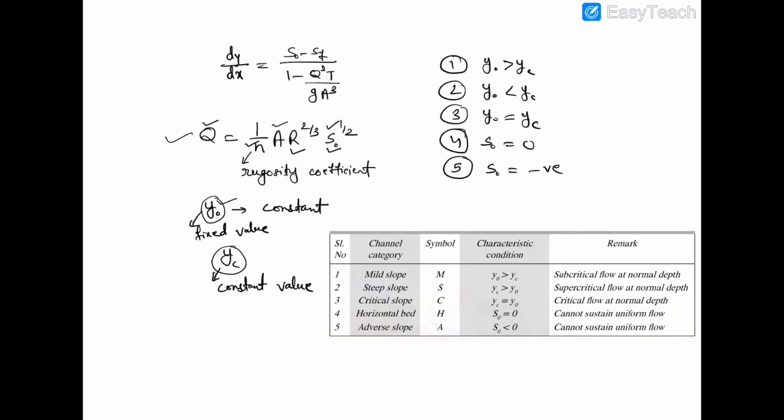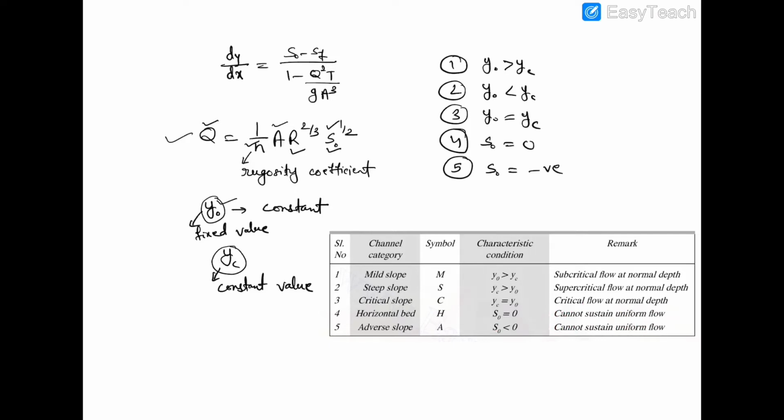For a steep slope, the symbol capital S is used, Y naught is less than YC, and the flow will be supercritical flow. For critical slope, capital C is used, Y naught is equal to YC, and critical flow takes place in this channel category. For horizontal bed, S naught is equal to 0, it cannot sustain uniform flow.